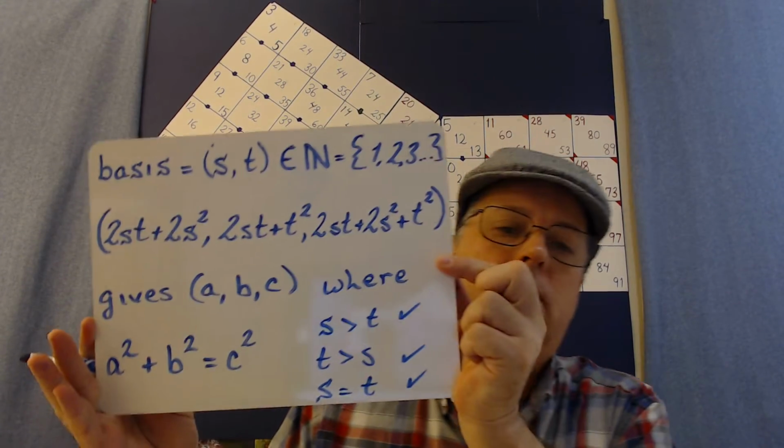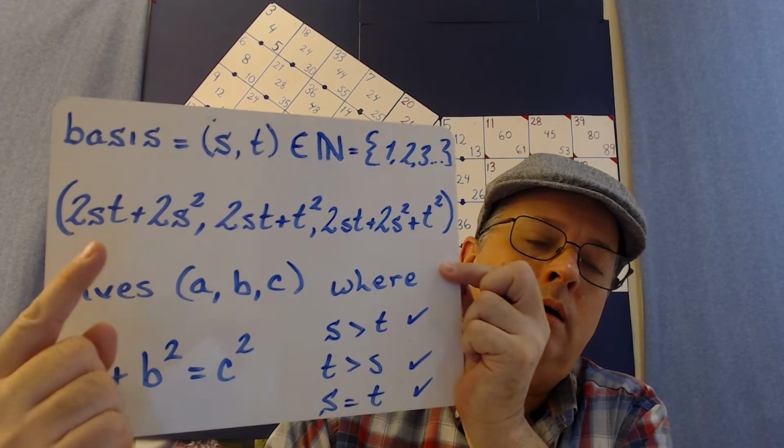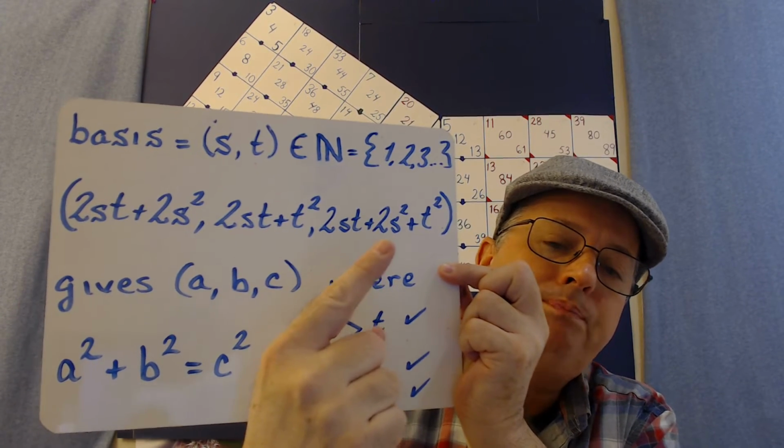And let's clarify that s can be greater than t, t can be greater than s, and s can actually be equal to t. So there's no restrictions on s and t, since everything is addition here.